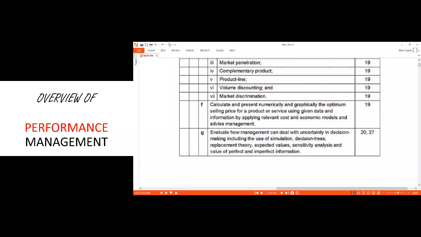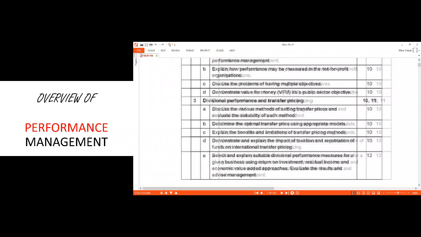Then we'll go on to calculate and present numerically and graphically the optimum selling price of a product or of a general service. Then we move on to evaluate how management can deal with uncertainty. And just as we know, uncertainty always abounds in business organizations.